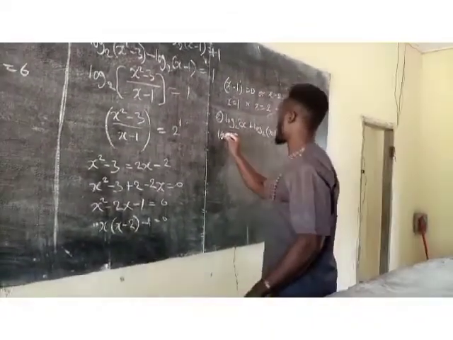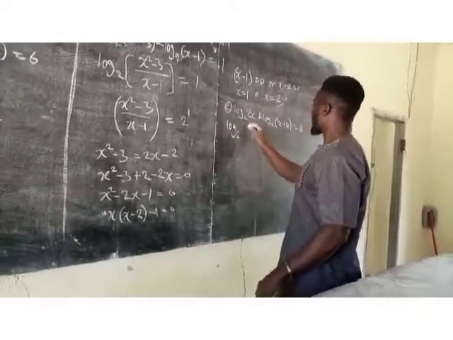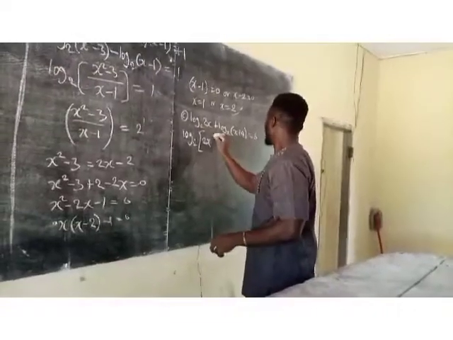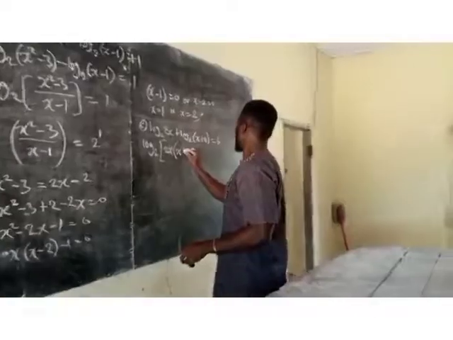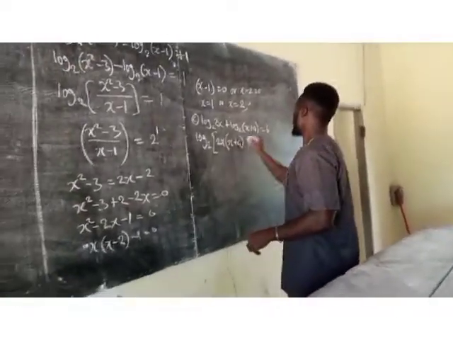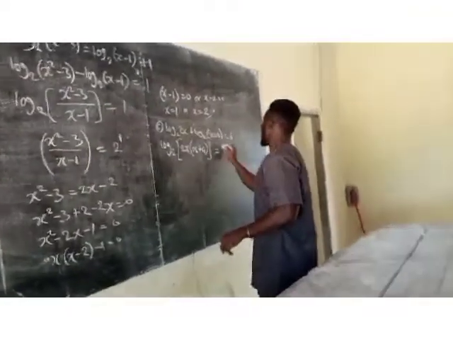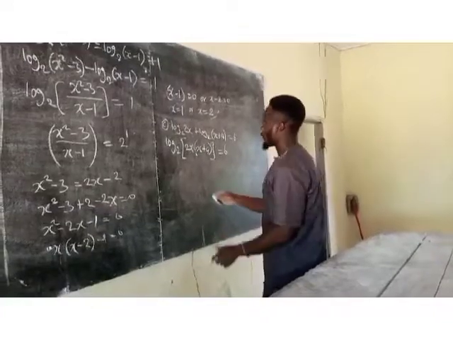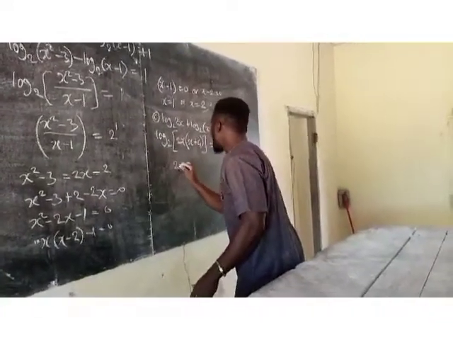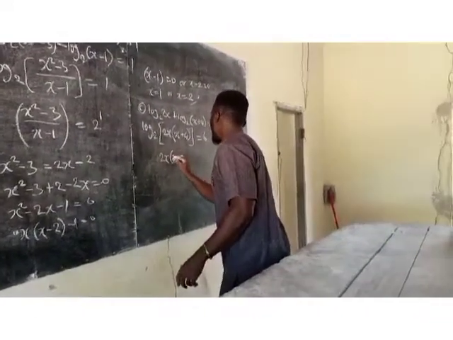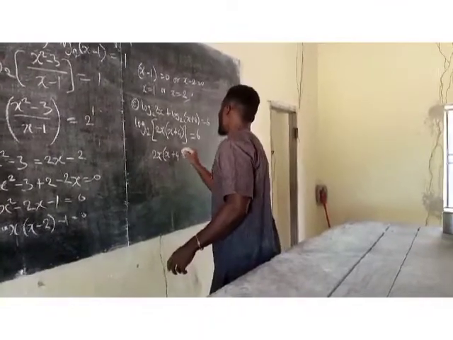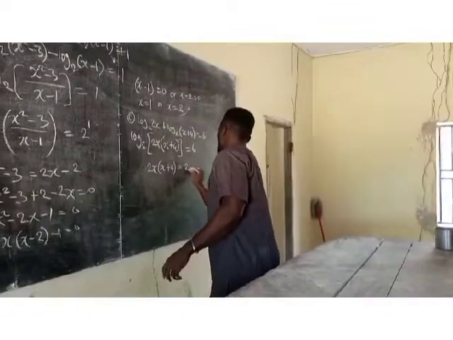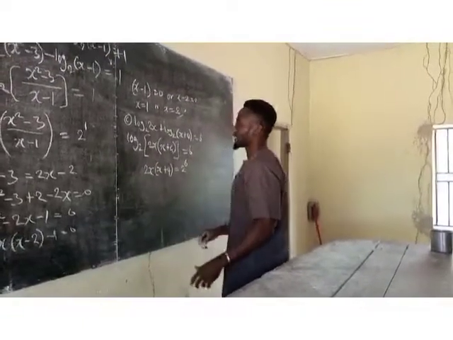So it will be log 2 of 2x multiplied into x plus 4 is equal to 6. So from here, we have 2x into x plus 4 is equal to 2 raised to the power of 6.